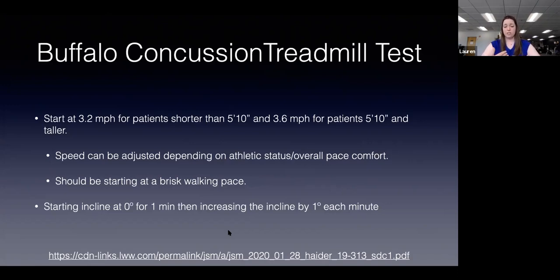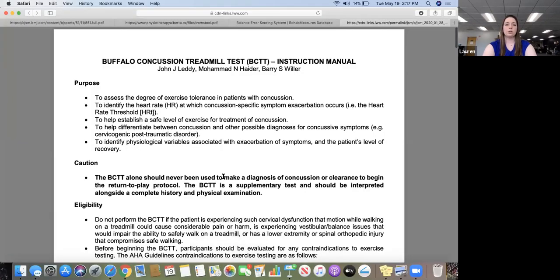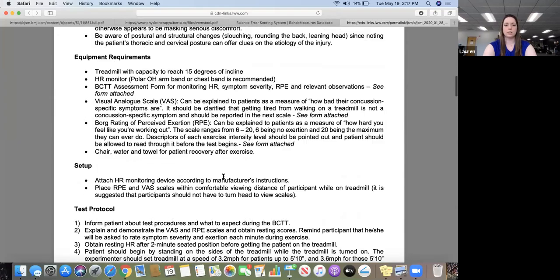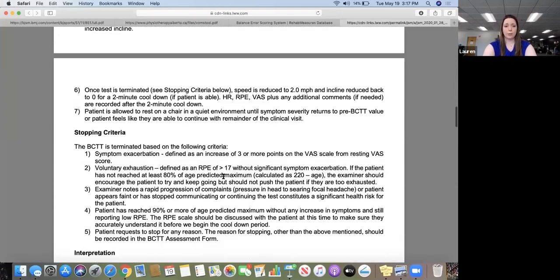They should be starting at a brisk walking pace. The incline starts at 0, and then every minute it increases by 1 degree, all the way up to 15 degrees. So it's a 15-minute test, if they make it through the whole thing.